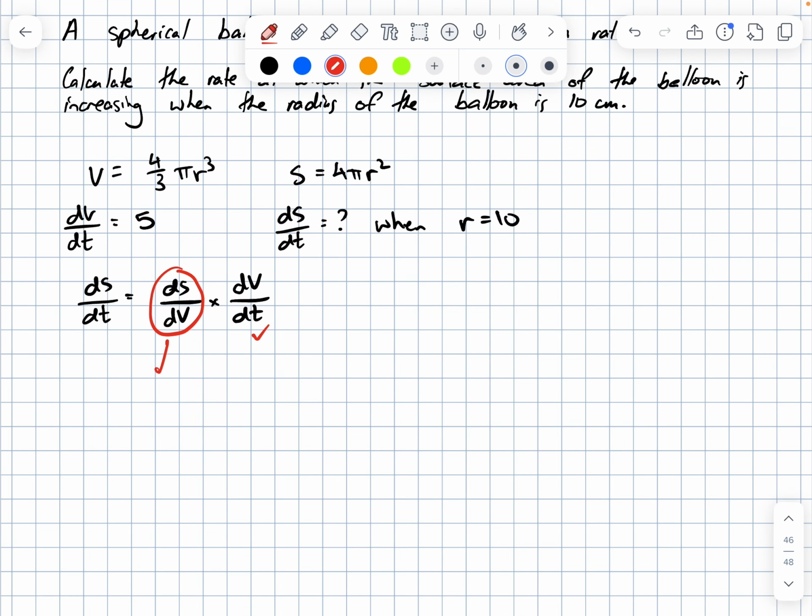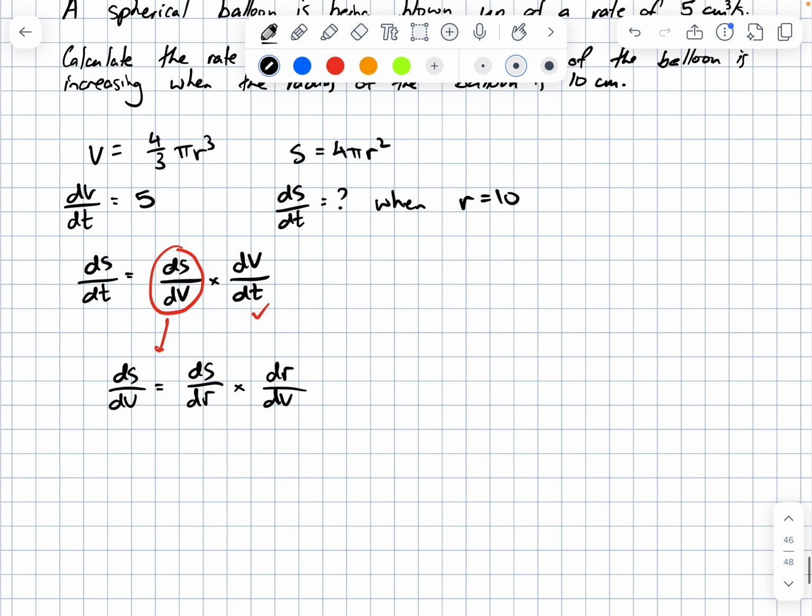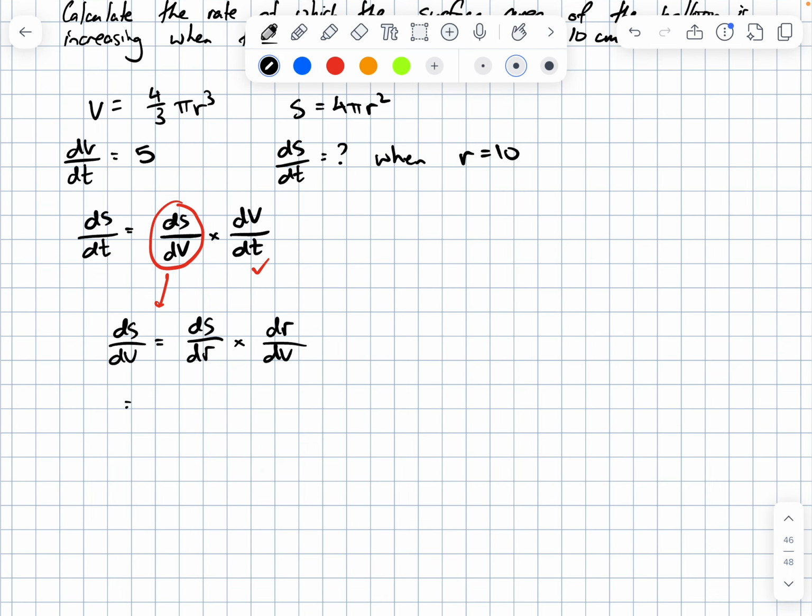Looking at dS/dV, we can do the same as we did before. That's dS times something over dV. And since I know they can both be differentiated in terms of r rather easily, we can sub dr into here, giving us a final rates of change equation of dS over dr times dr over dV times dV over dt.